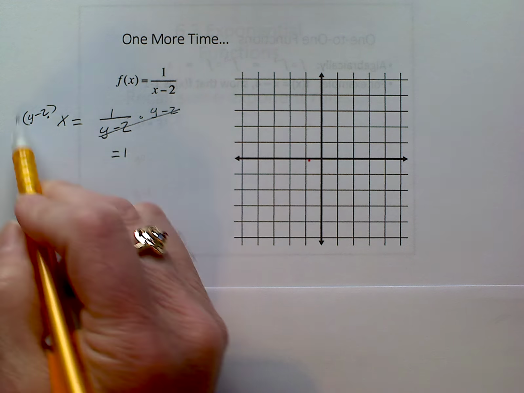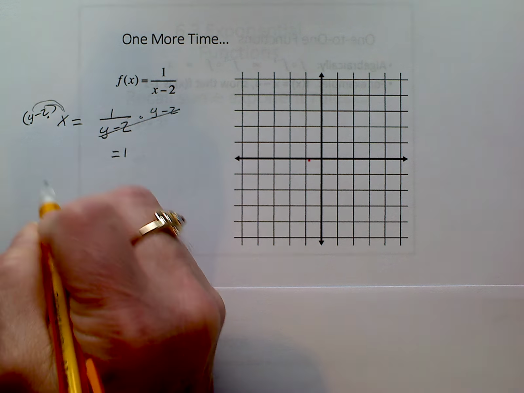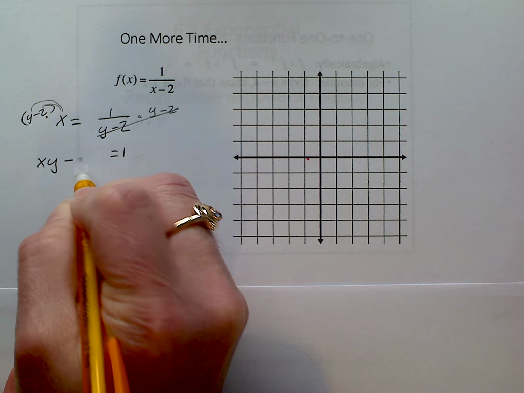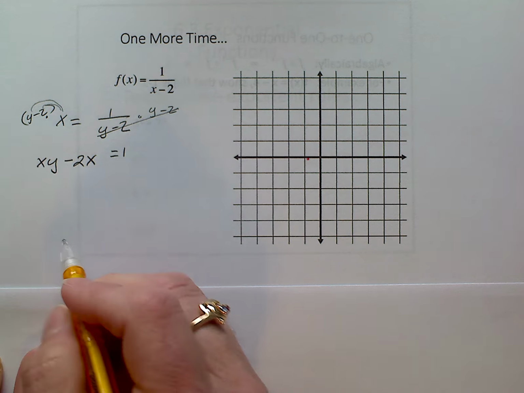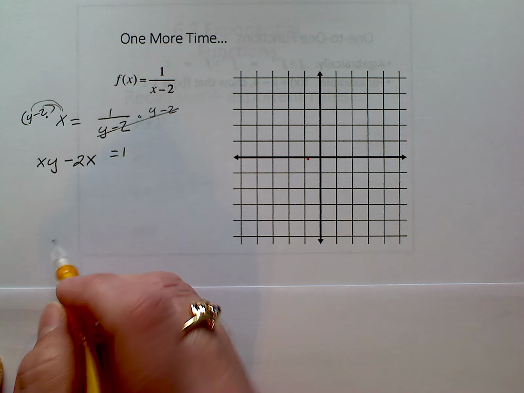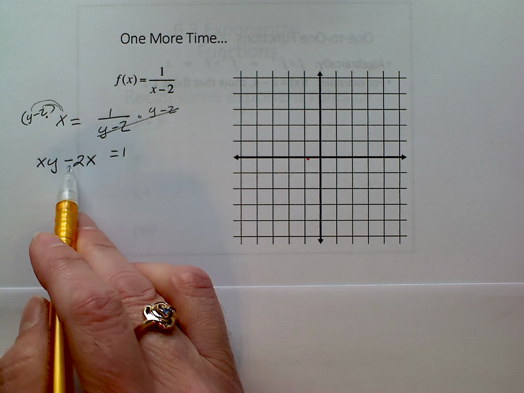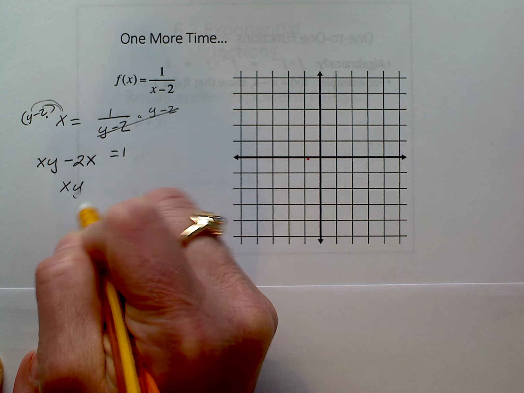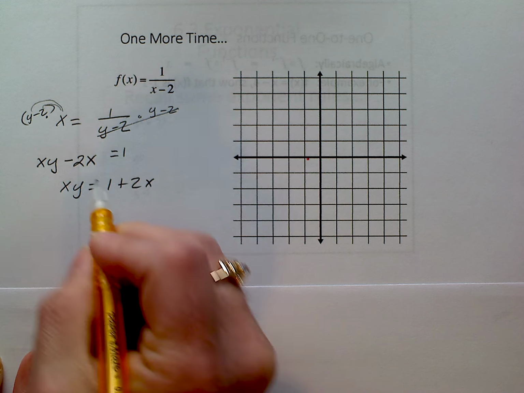But over here, I'm going to distribute the x and have xy minus 2x equals 1. Did you see how that worked? I distributed the x because this is times this quantity y minus 2. I need to solve for y. So I'm going to add 2x, and I'm going to divide by x.